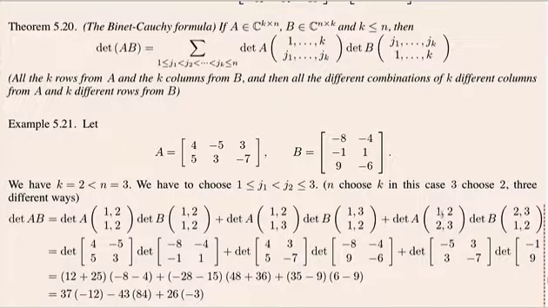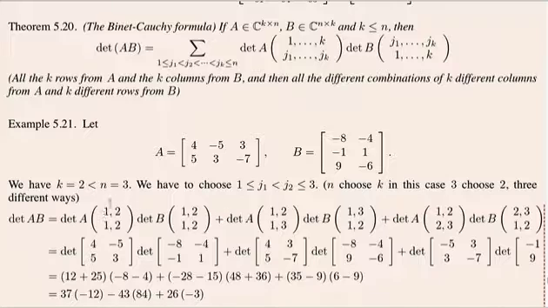And also in the last term, we're going to use the first 2 rows. But the thing is how we choose the columns. So we have to choose 2 columns. We can choose the first and the second, or the first and the third, or the second and the third. So we have increasing order of the columns, and that's all the possibilities there.